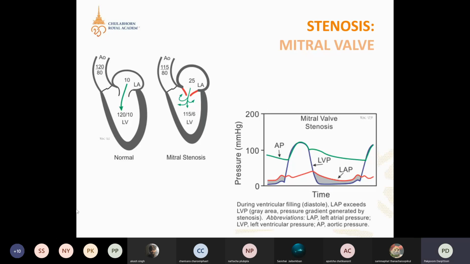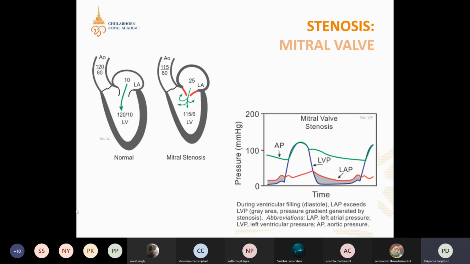So the LA will enlarge a bit and hypertrophy just a bit, in order to create higher pressure.